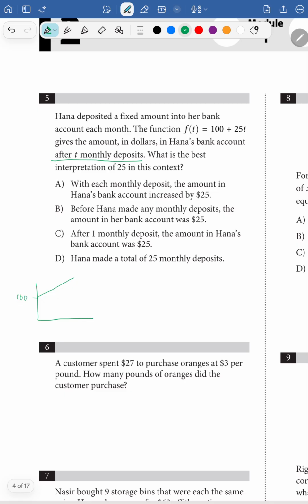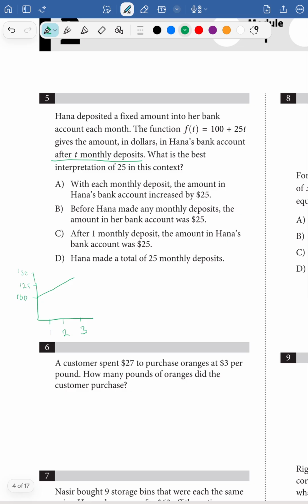She is depositing 25 into her bank account. So here's month 1, month 2, month 3, and then you could do 125. So you could just make yourself a simple chart, but you could read all the answer choices first.